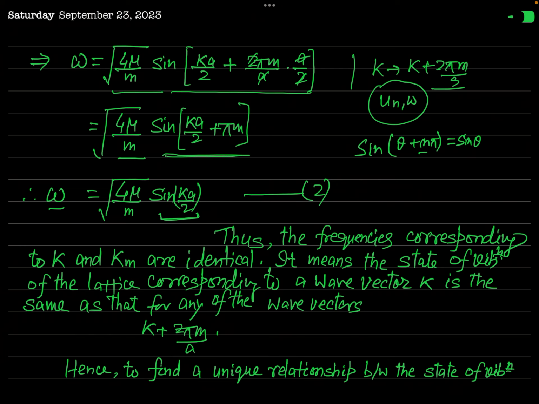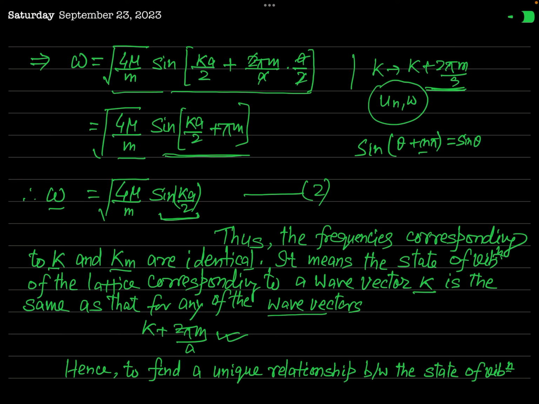So I have mentioned it here, you can see that the frequencies corresponding to k and km, where km is equal to k plus 2 pi m over a, are identical. It means the state of vibration of the lattice corresponding to the wave vector k is the same as that for any wave vectors k plus 2 pi m over a.